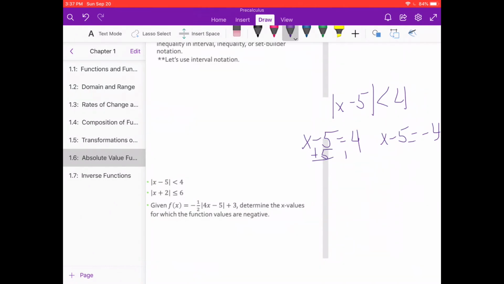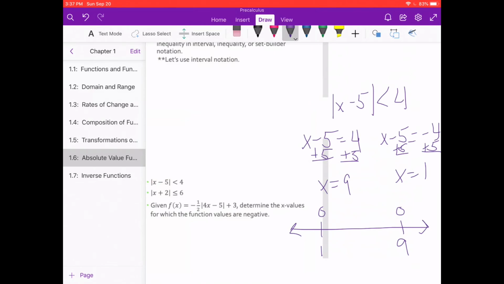Add 5, so x is 9, or x equals 1. So I'm going to look at a number line. So here's 1, and here's 9. Since it's not equal to, we know it's going to have an open circle at both of them.